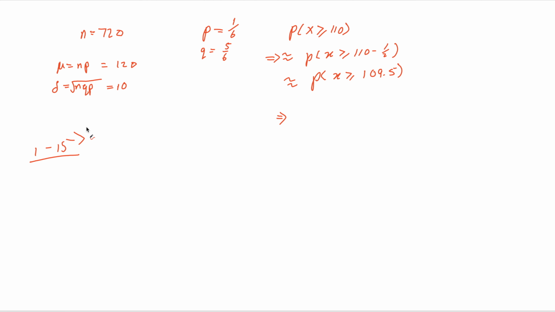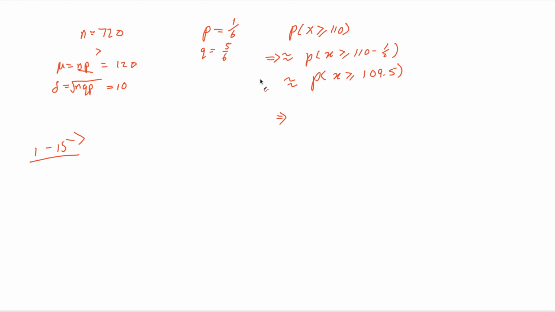The remark says the larger the number n is, the better the approximation becomes. The normal approximation is used only when n times p is greater than 5. So where n times p, this number, is greater than 5, then you can approximate it. You can apply this part.